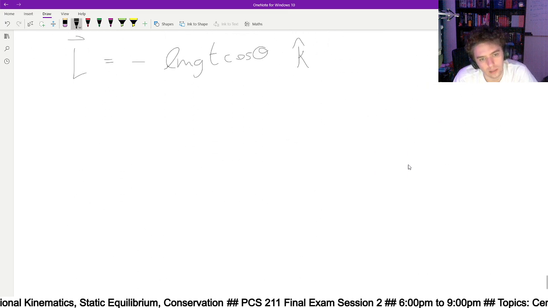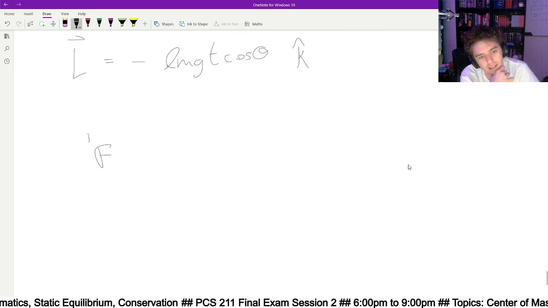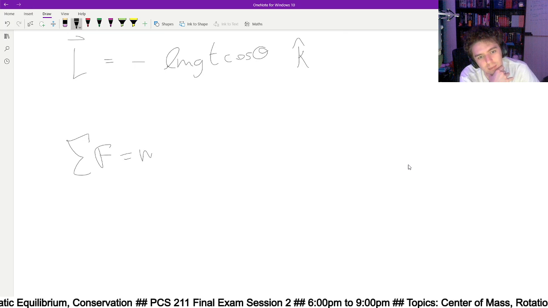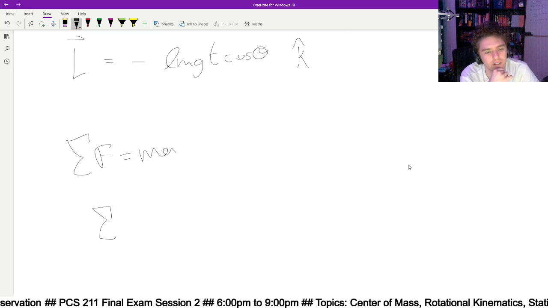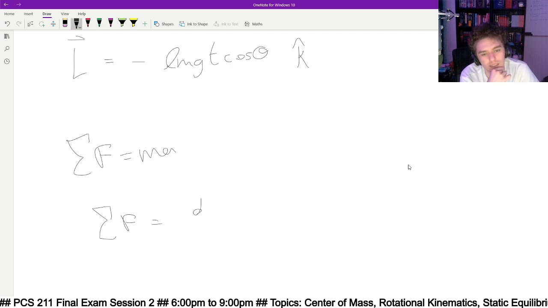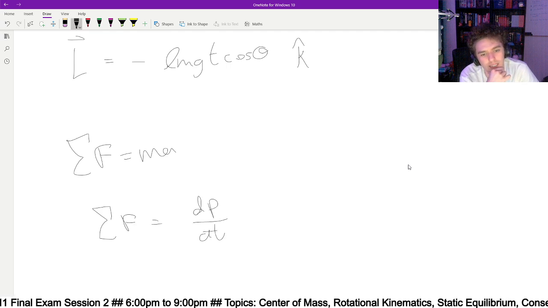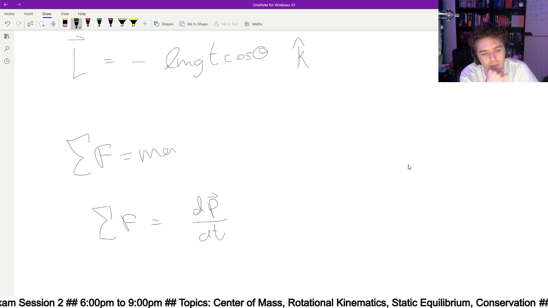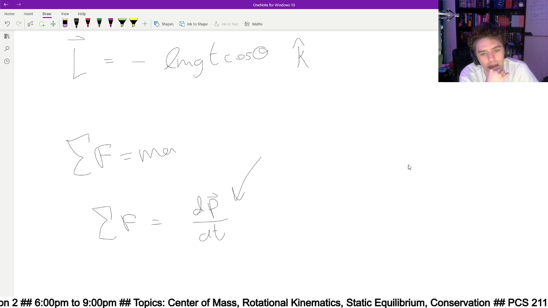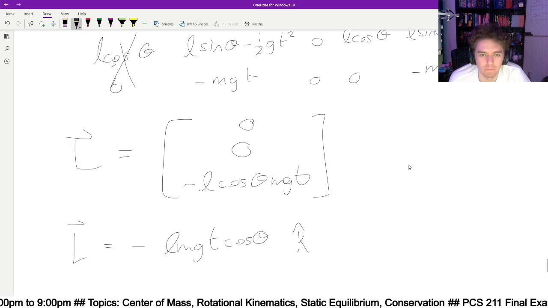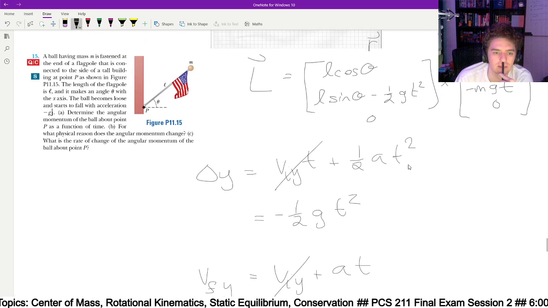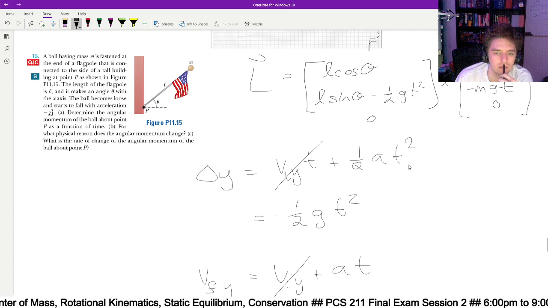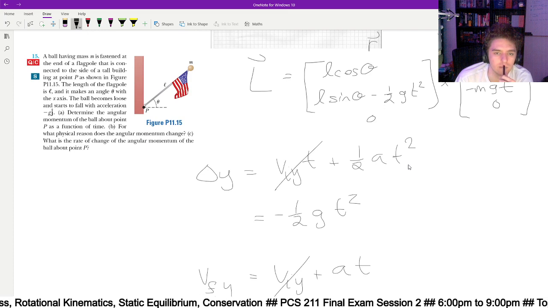Right, F equals ma is actually F equals dp by dt. So that's kind of what I'm looking at. Rate of change of angular momentum.